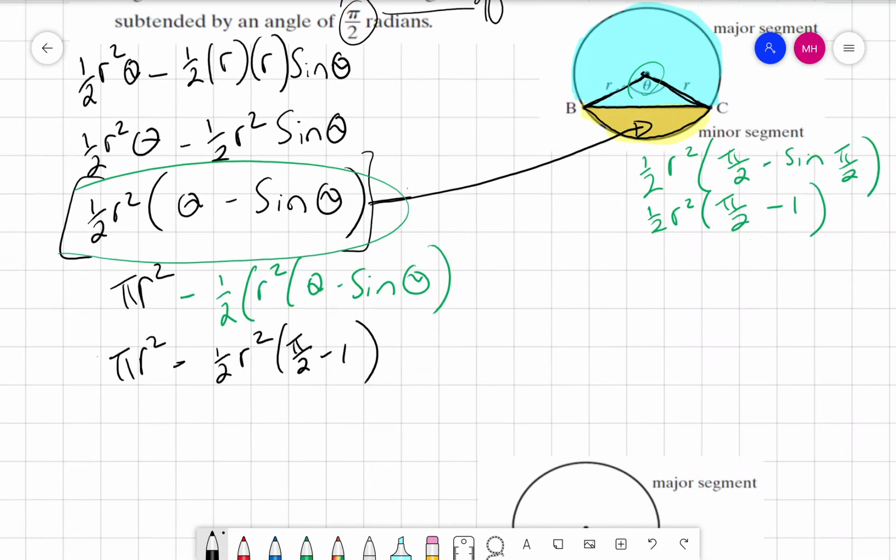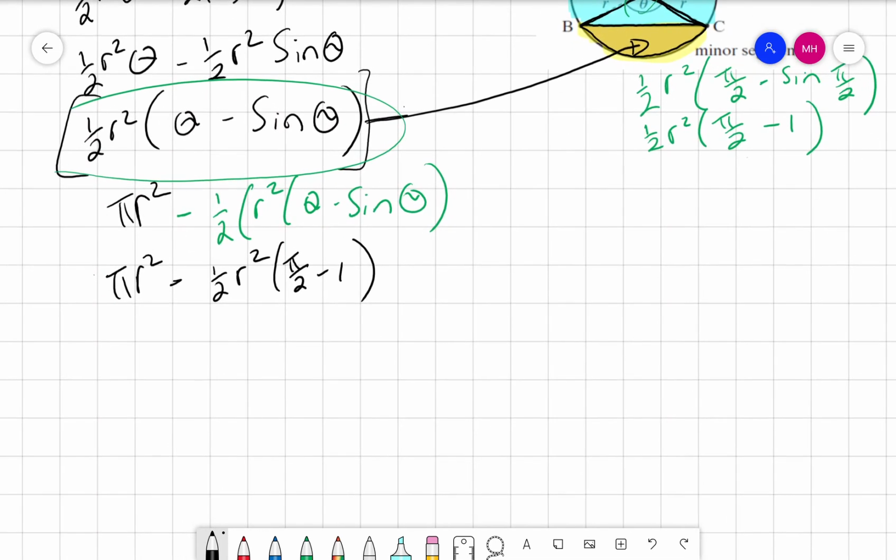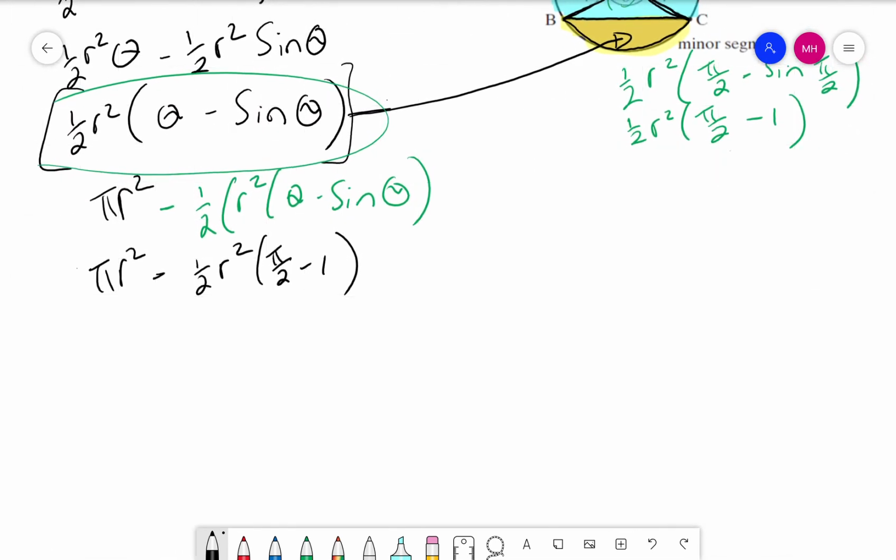Now, just move this up a bit, I can get rid of that. So, yeah, so that there is the area of the major segment. So we're asked to find the ratio between the two.